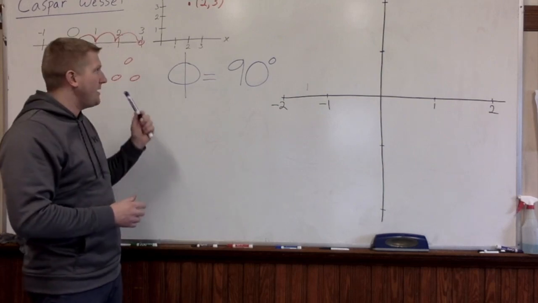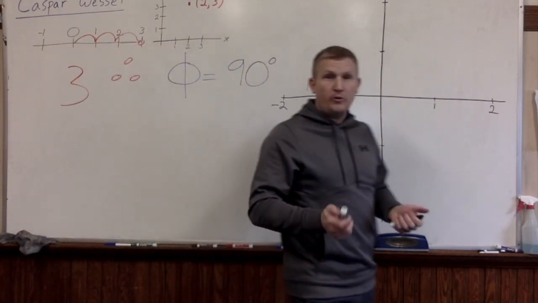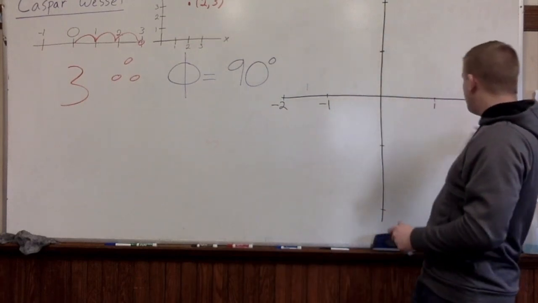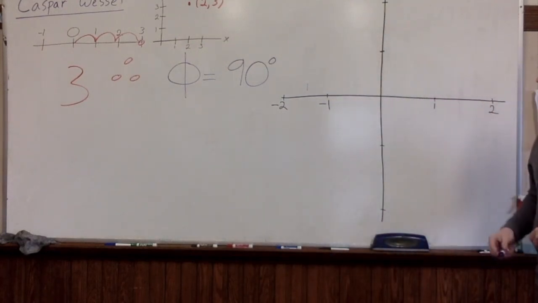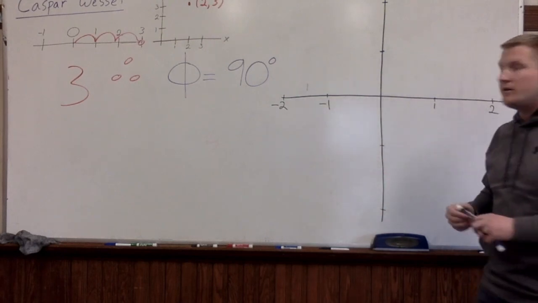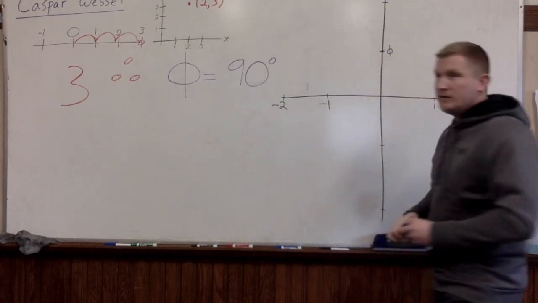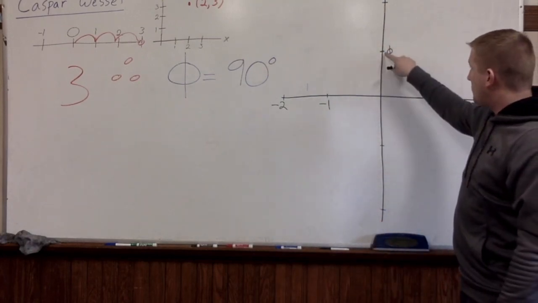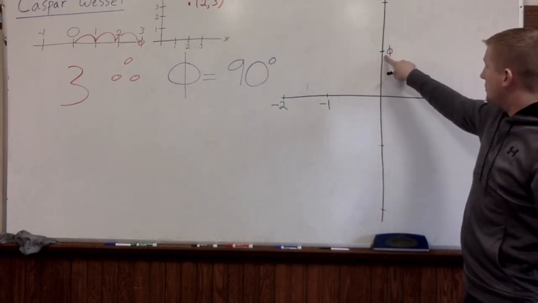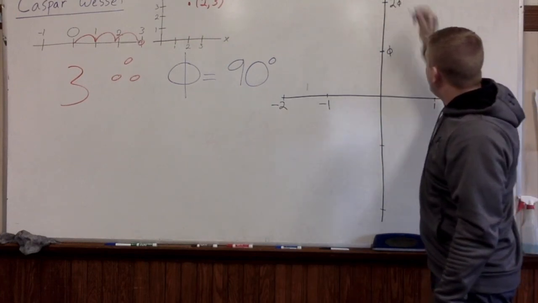So Wessel had to make up his own kind of coordinate system, one that had the numbers we're used to seeing, like 1, 2, -1, -2, etc. But then he had to make a new kind of axis where phi could live. Since phi is a 90-degree turn, he made this point here on this vertical axis, 1 phi, and then this point obviously is going to become 2 phi, etc.